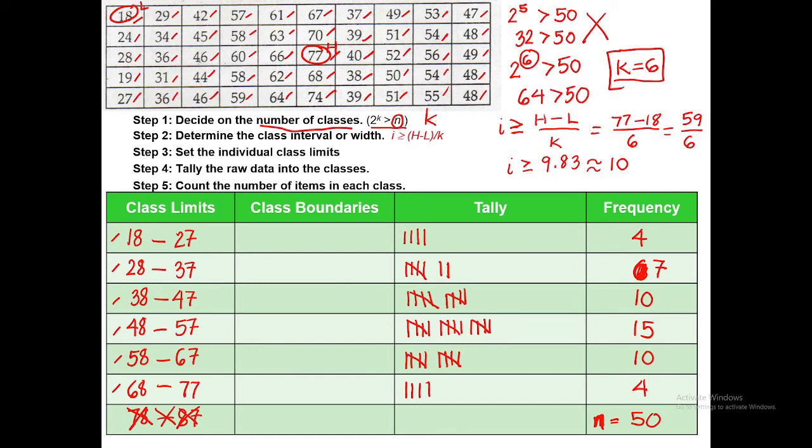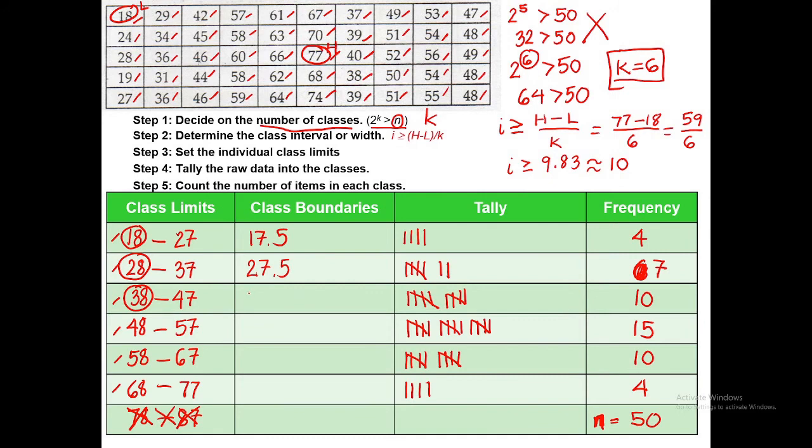To get the lower class boundary, from our lower limits, subtract 0.5. So, what is 18 minus 0.5? 17.5. What about this one, minus 0.5? 27.5.